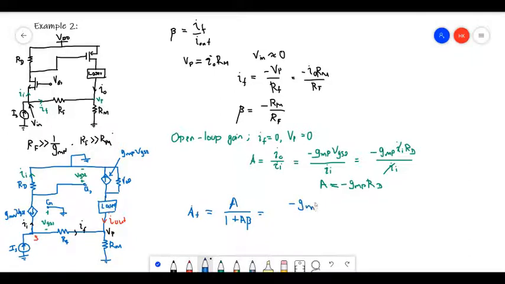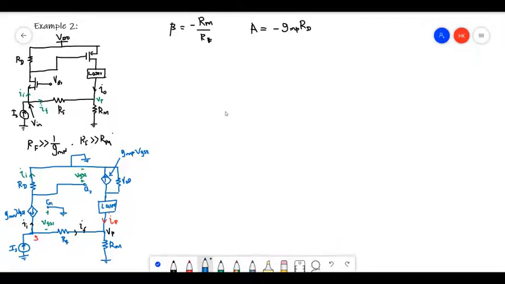A is GMP RD, divided by 1 plus A beta, and the multiplication A beta is Rm over Rf times GMP RD. So that is the closed loop gain.